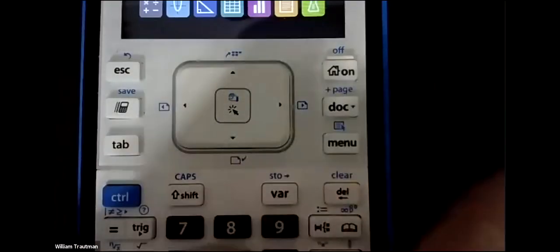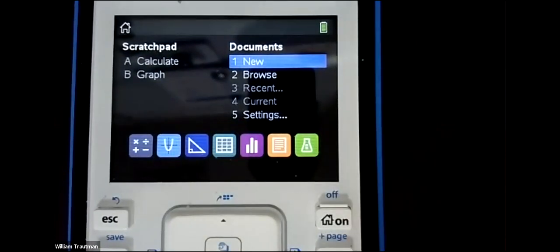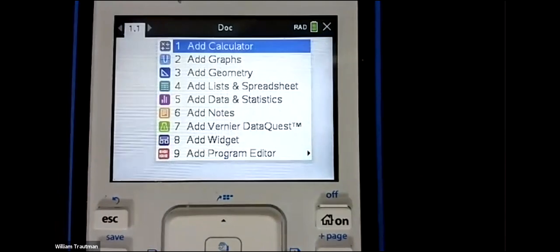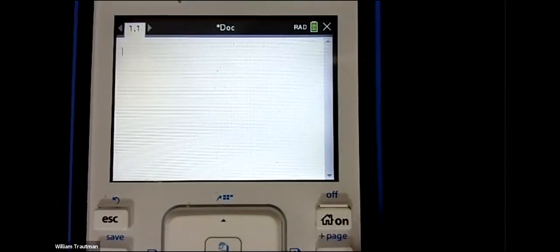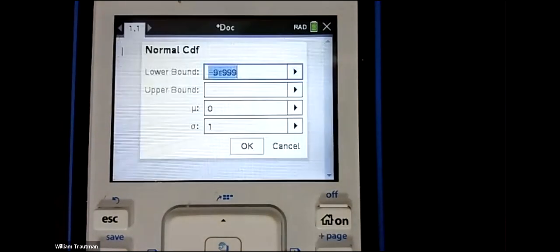If you remember how we did this last time, we create a new calculator page, number 1, and then we did menu 5 5 2. The lower boundary here was negative 99, which was infinity.